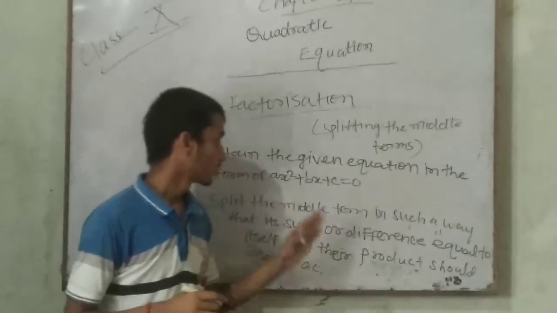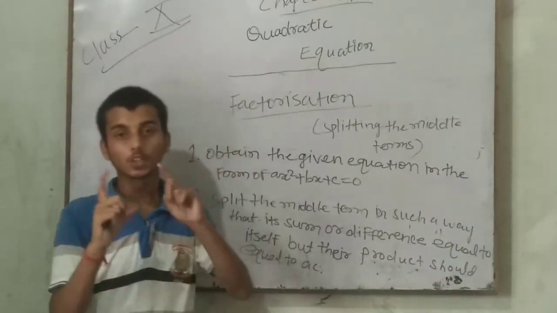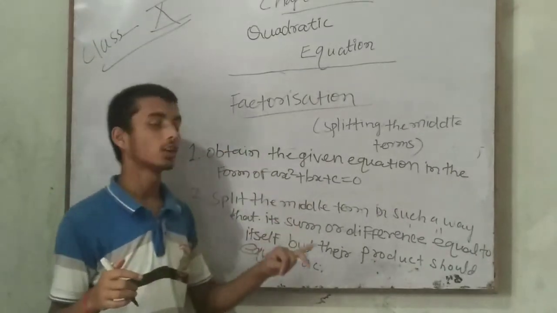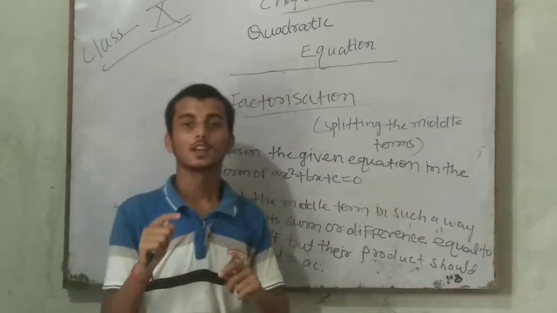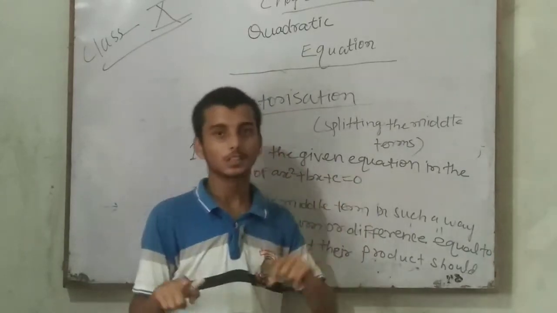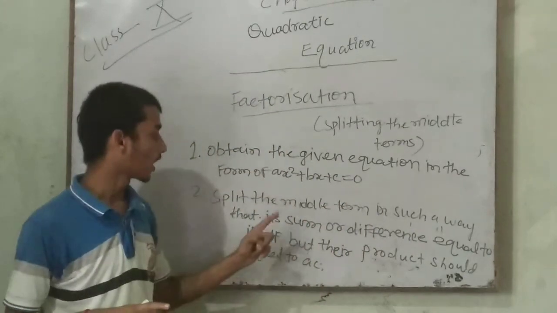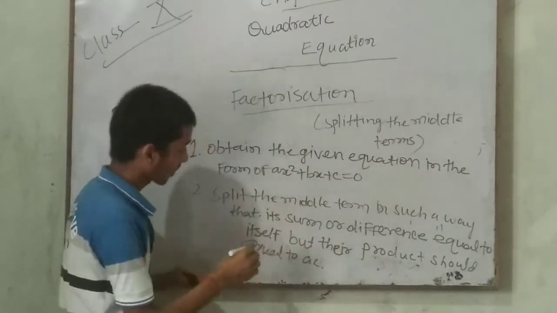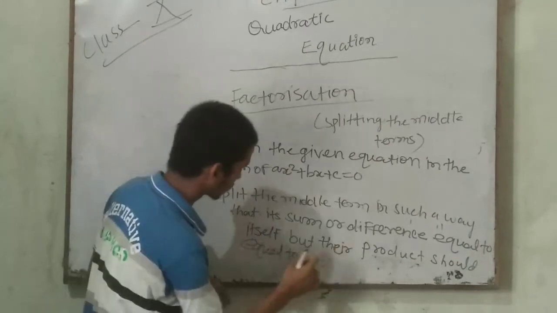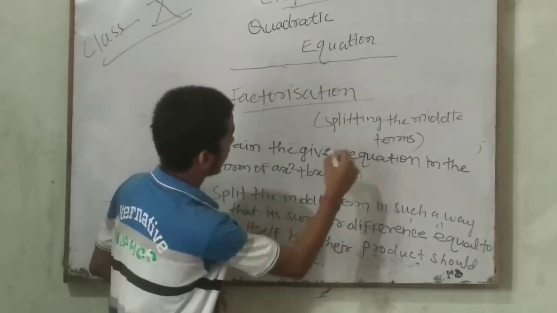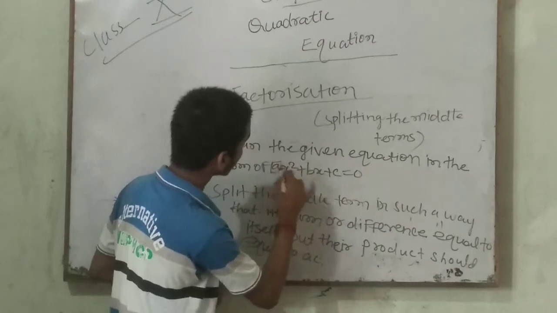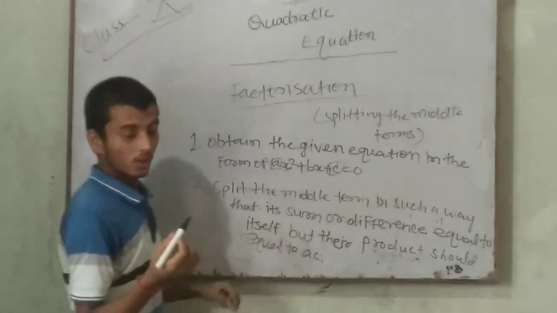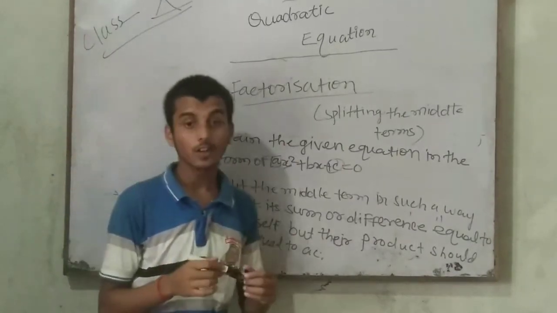Means in the second step we factorize the middle term in such a way that the sum or difference gives B again, but the product equals AC, the multiplication of the coefficient of x square and the constant term. This is the second step in the factorization.